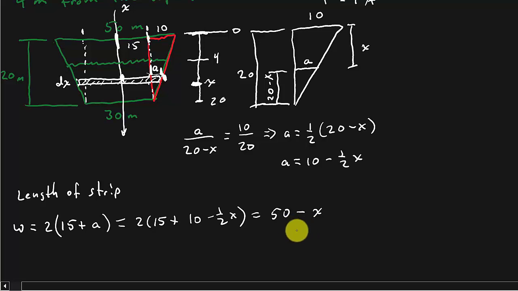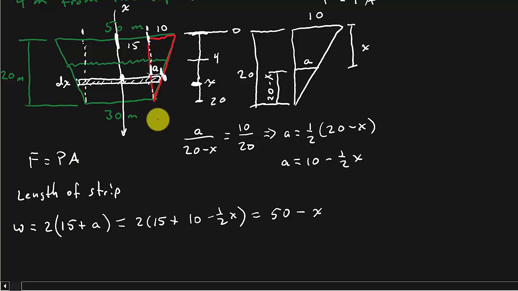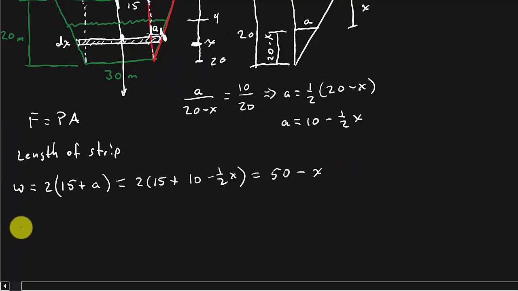All right. So remember, in all of this, and let me write the formula down again. The force is pressure times the area. So let's find the area of this strip. So the area is what? It's the width of the strip times dx, right?